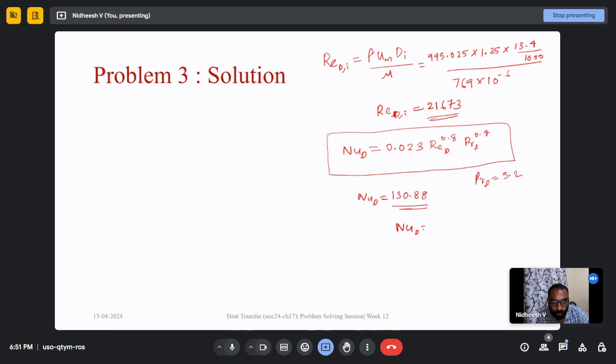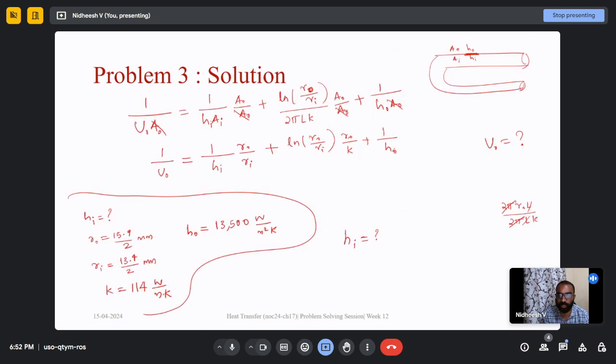Nusselt number equals heat transfer coefficient at the inlet into diameter at the inlet divided by thermal conductivity of the fluid. That is 130.88 equals HI, which is unknown in this case, into diameter of inlet 13.4, divided by thermal conductivity of the fluid.